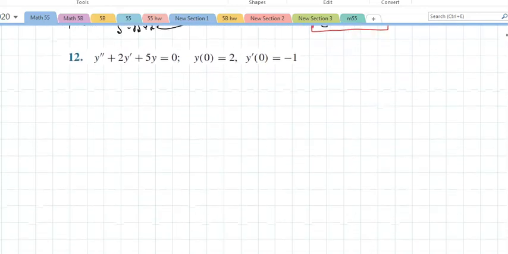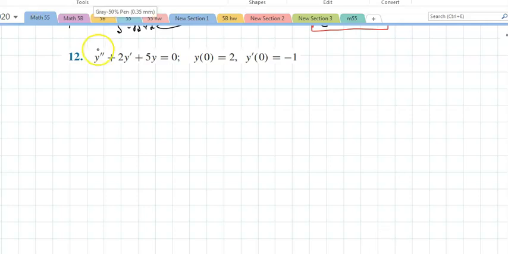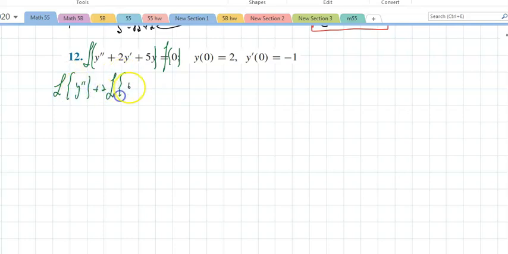If I go to problem number 12 and I apply the same thing, if I apply the Laplace on this, I will get the Laplace applied on y double prime plus twice the Laplace applied on y prime plus 5 the Laplace applied on y.